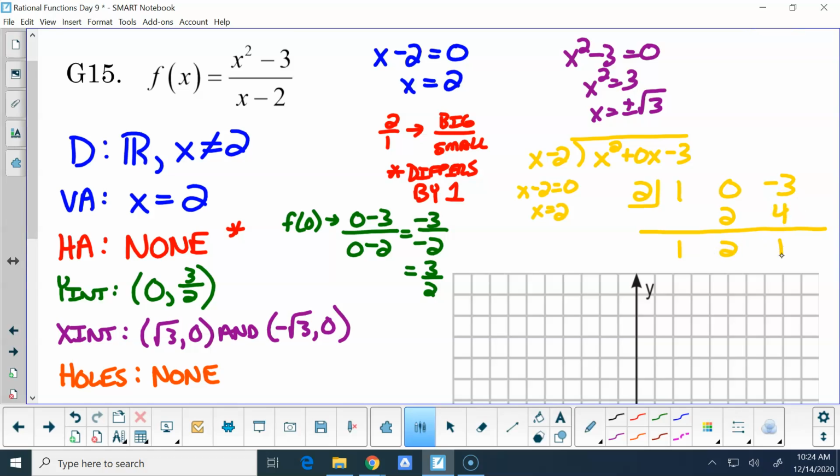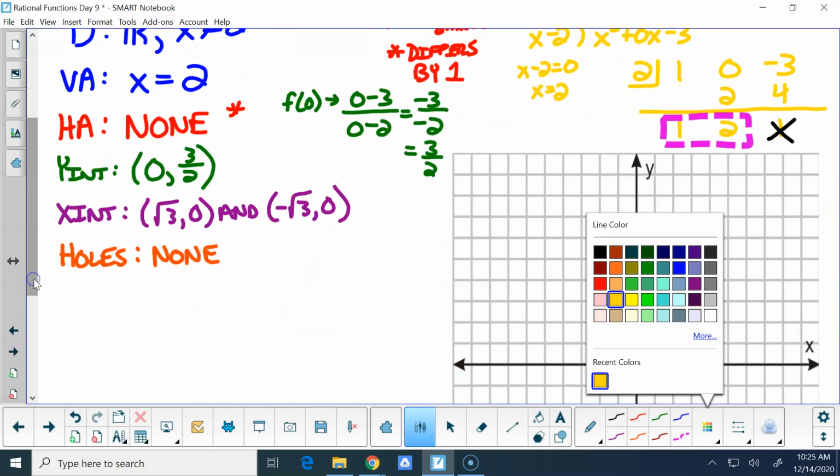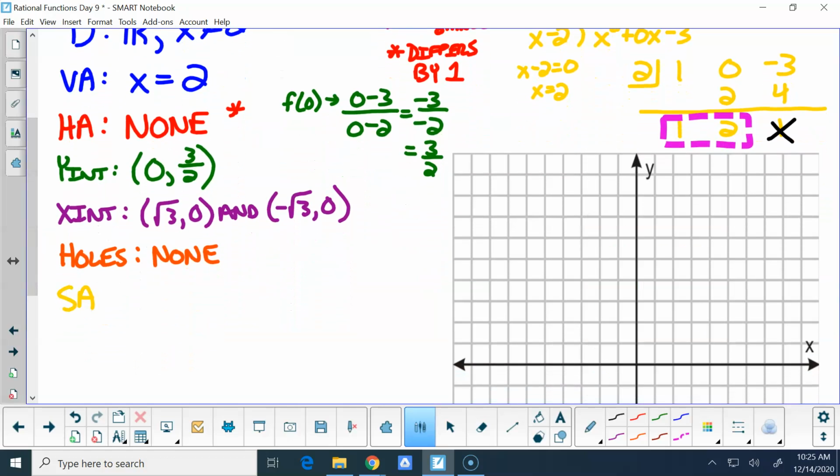So we do the division, drop the remainder, and what's left over is my slant asymptote. So my slant asymptote in this case would be y equals what? x plus 2.